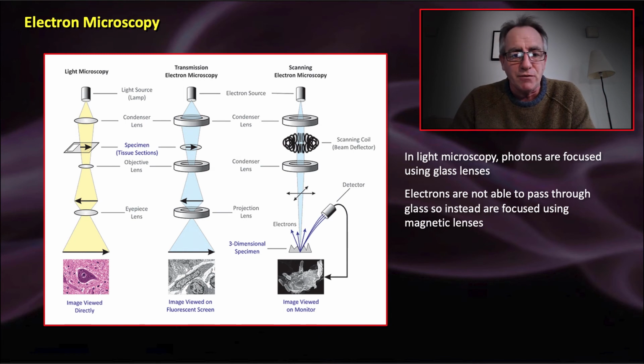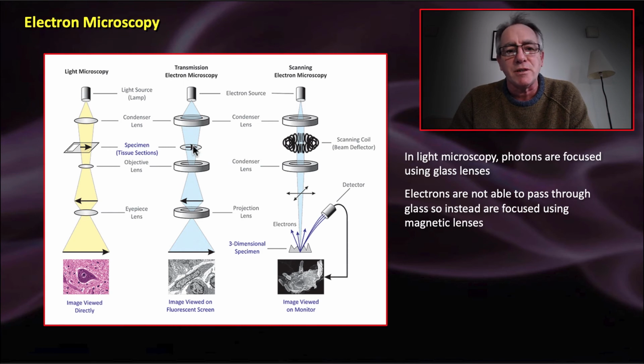Well, nowadays, of course, the image is formed onto a charge-coupled device, which is a type of detector, and it appears on your computer screen right away. So that's transmission electron microscopy. Transmission implies that the electrons go right through your specimen, which is right there.